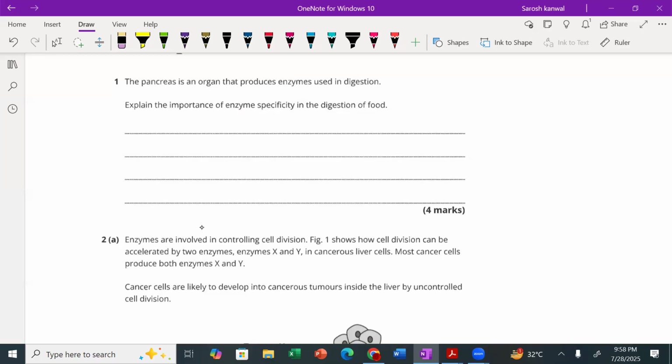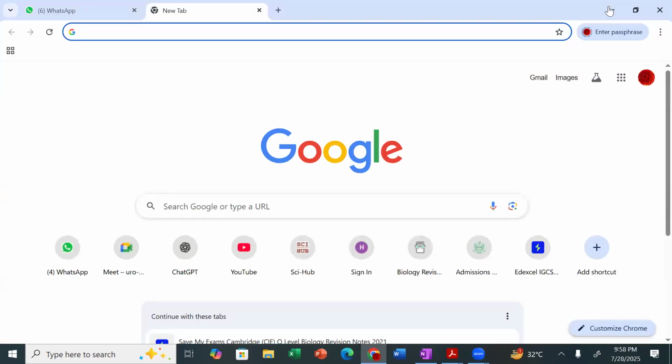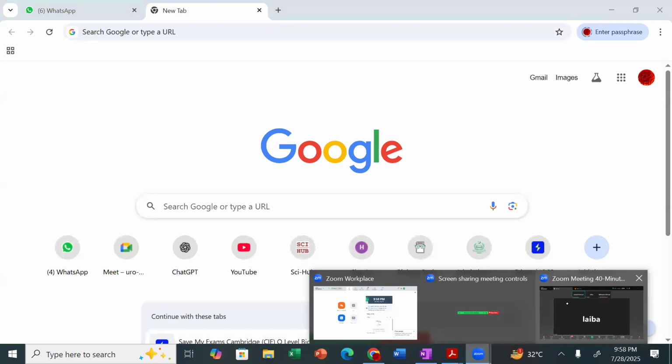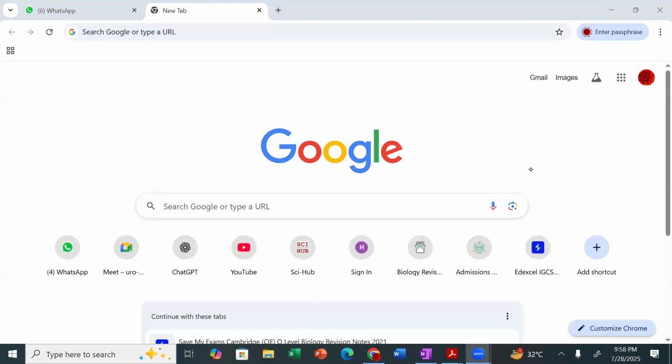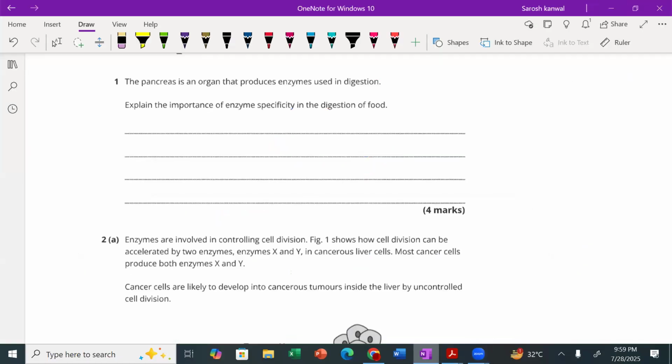Okay, Mepsam, you gave the reasons. Let me break down some for you. We know that enzymes are proteins and have a specific 3D shape.